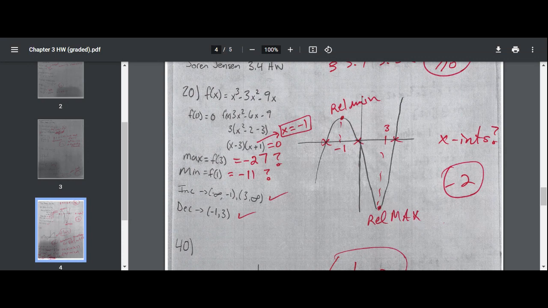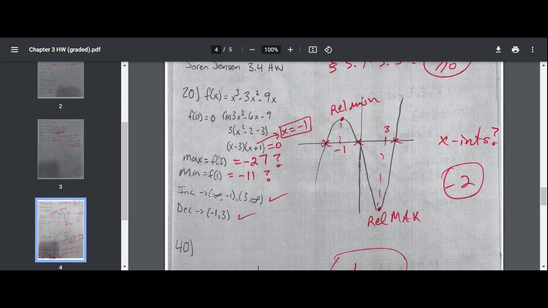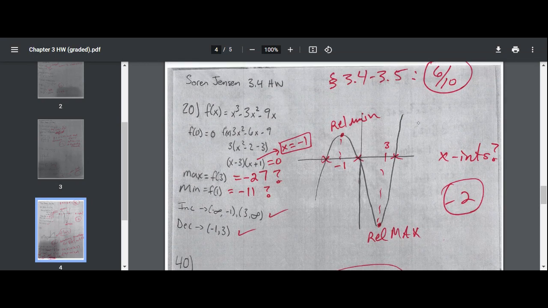Right. And then where you're increasing or decreasing: you're increasing when the derivative is positive, and you're decreasing when the derivative is negative. Now, if you know what the graph looks like, which you did in this case, on a test you can use intervals, like we did for velocity, with the sign of the first derivative.